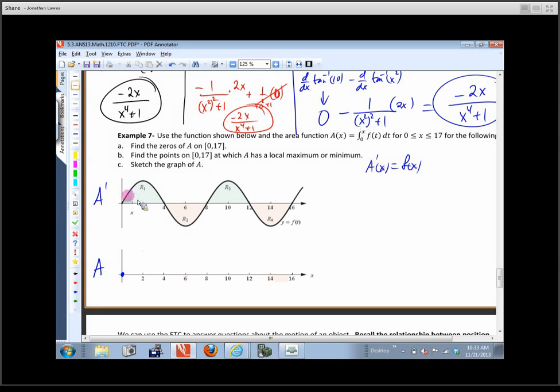Now, I'm accumulating a bunch of positive area. Then what happens? I start accumulating negative area. Now if I stopped right here, I've got a whole bunch of positive area, so my area definitely isn't 0. Then I slowly chip away at it. What happens to the area by the time I get right here? It's at 0.